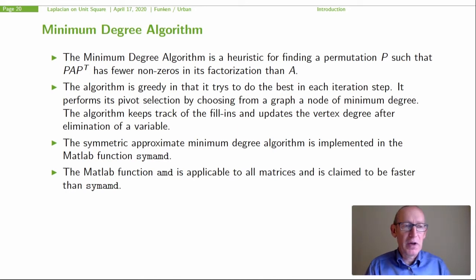And therefore we like to keep track of the fill-ins by the argument we have seen before. If the nodes are connected, in the k-th elimination step, to the k-th pivot element, then these nodes also should be connected. And we can consider this for the symmetric situation, or what we'll have in the non-symmetric situation.